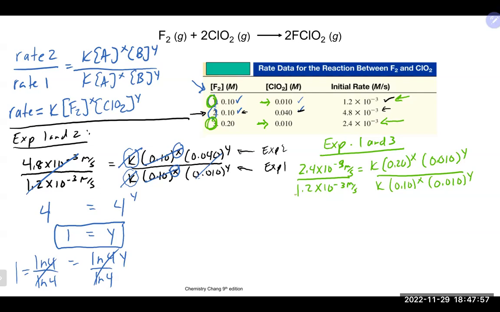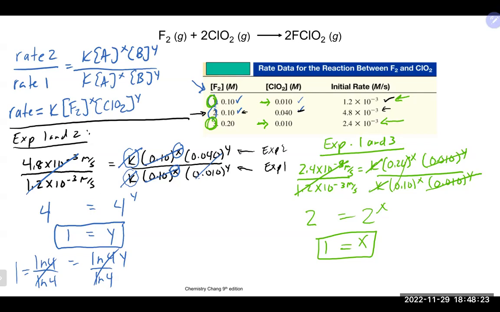Now we'll do a little bit more math here. That's going to divide out to a 2. Once again, the K should cancel because it's a constant value. This will give me 2 to the X, and this will completely cancel. Once again, X would equal 1 in this case. They will not always equal 1, but it just happens in this case that it did. That is the order with respect to F2.